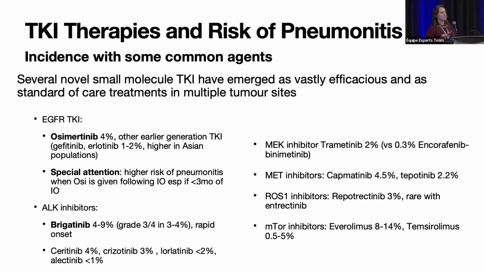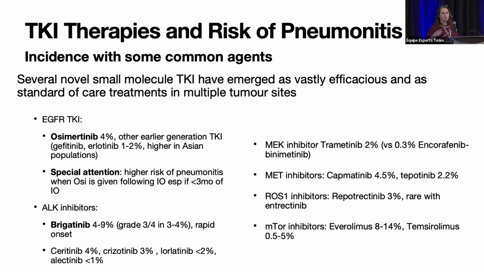And even more importantly, the risk of pneumonitis is even higher if the patient's been exposed to immunotherapy first and then goes on to the TKI after immunotherapy, especially if it's within the first 3 months of exposure. And so we pay particular attention to knowing their molecular status ahead of making a decision about treatment, because we want to know for sure a patient is EGFR negative before giving them immunotherapy and not switching.